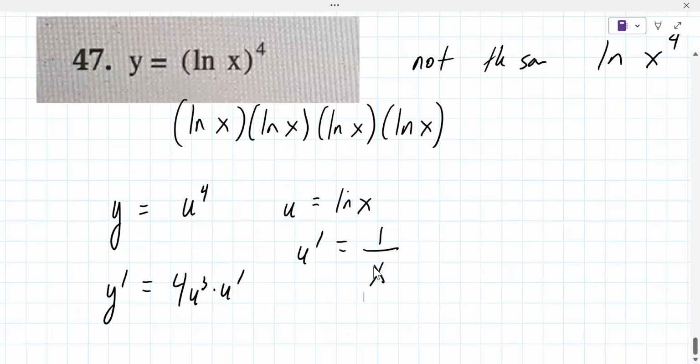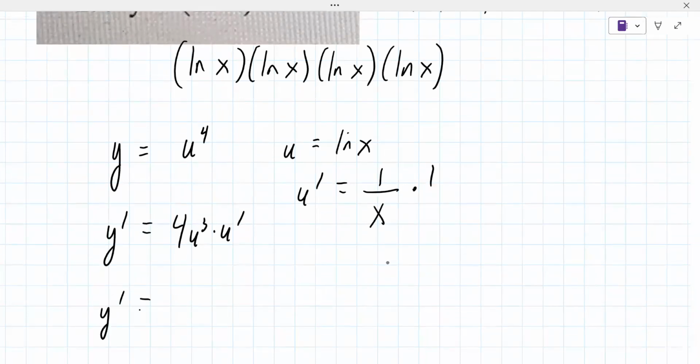Yeah, 1 over the inside function times the derivative of the inside function. The inside function is x. You'll see a lot of students multiplying by 1, and it's fine to do that, it's just not necessary. Now you put back in your u, so it's 4 times (natural log of x) cubed times 1 over x.